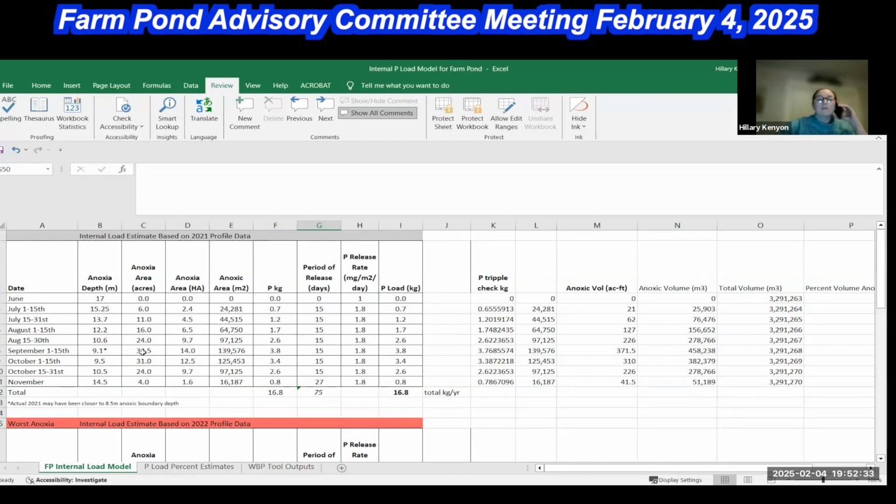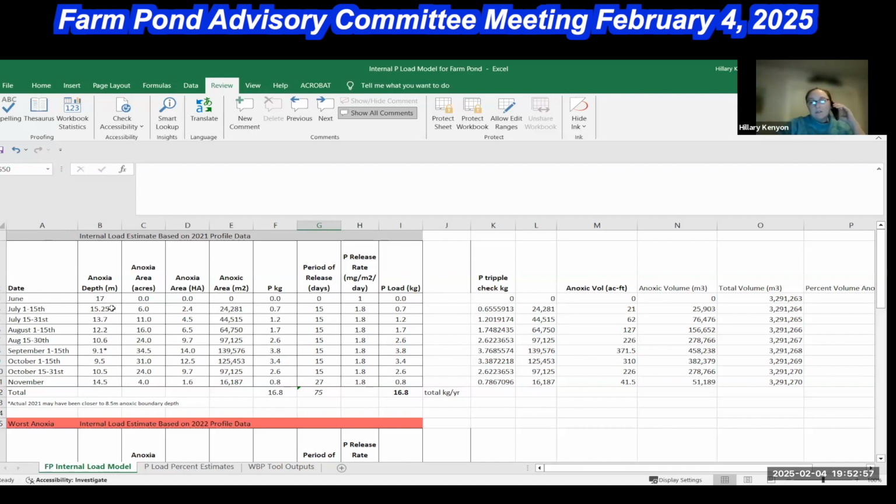And I plug that into a volumetric model to create the slices of each of the 1 meter depth increments. I plug that back into a series of models to then predict what the area and volume are of specific depths.